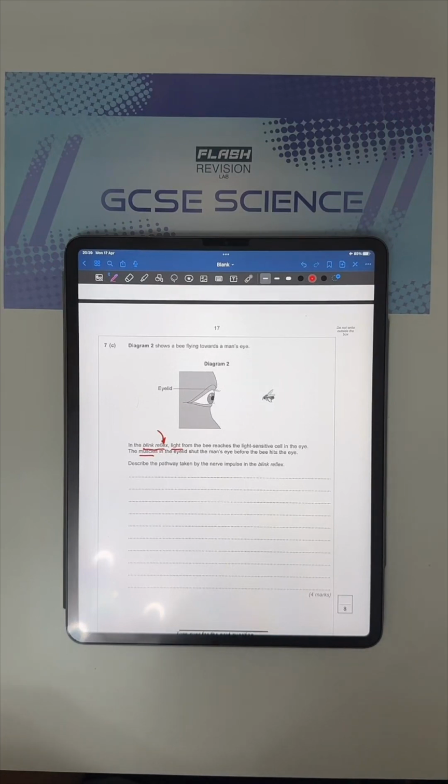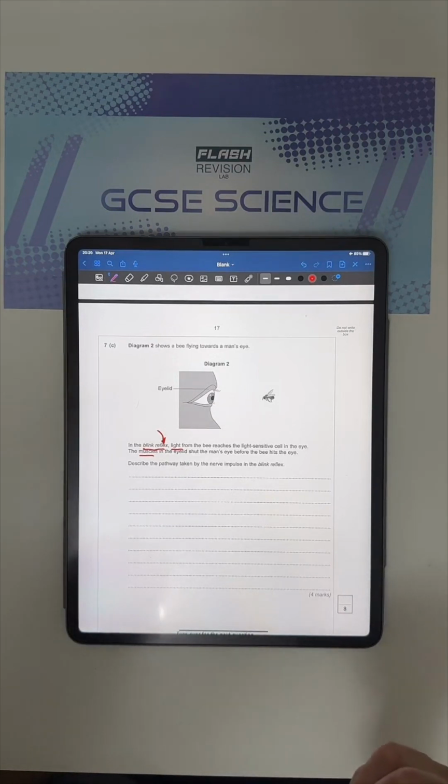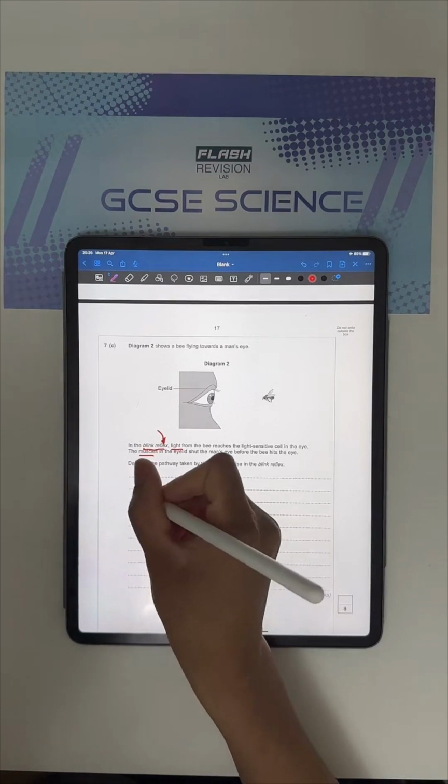Where in the body do we sense light from? Yep, exactly. The retina in the eyes, because the retina has light sensitive cells.